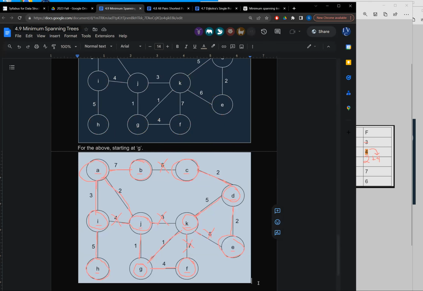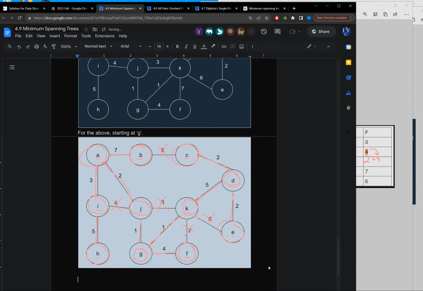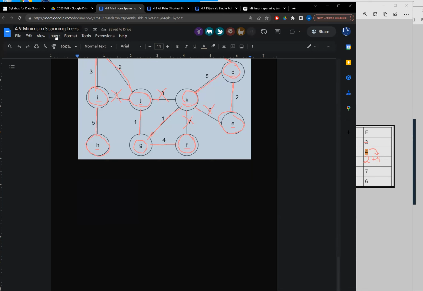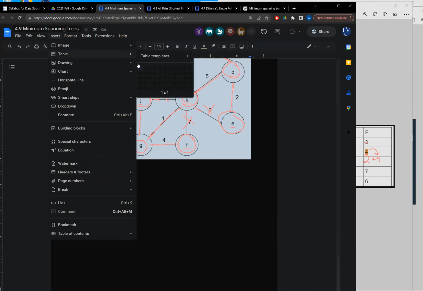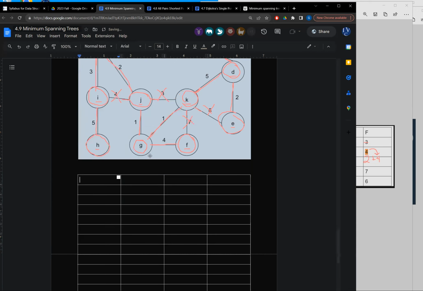All right, now let's go through that stepwise. So we're basically using the same table. So vertex, our source, distance, and known.